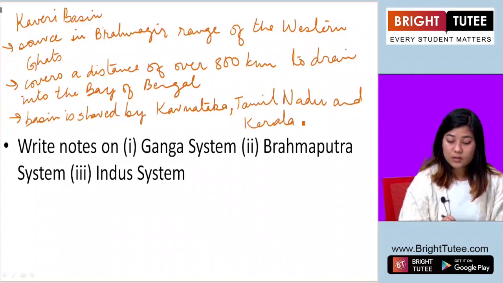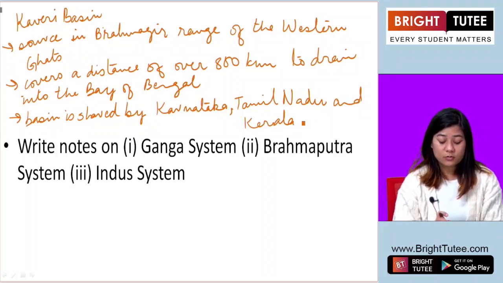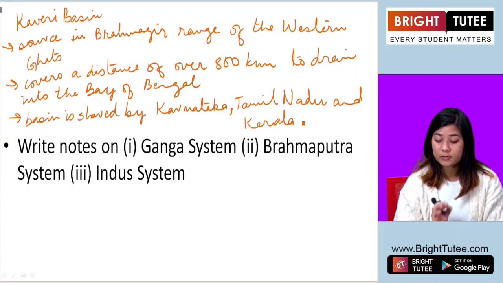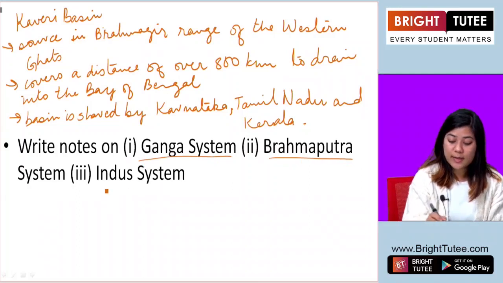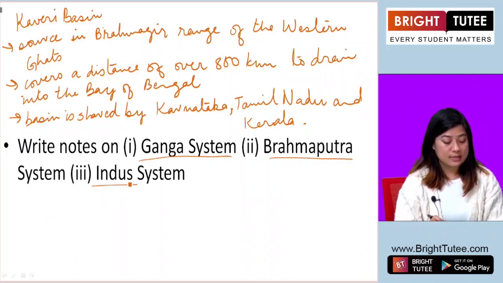Okay. So we have another long question, and here we have to write notes on the three Himalayan river systems. The first one is Ganga, second Brahmaputra, and third is Indus.